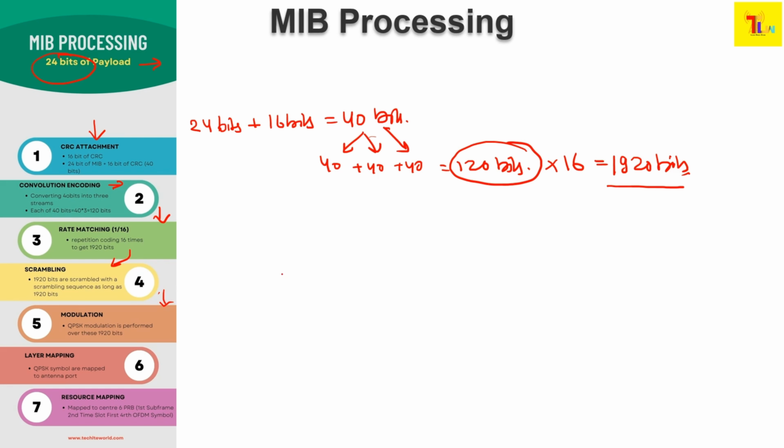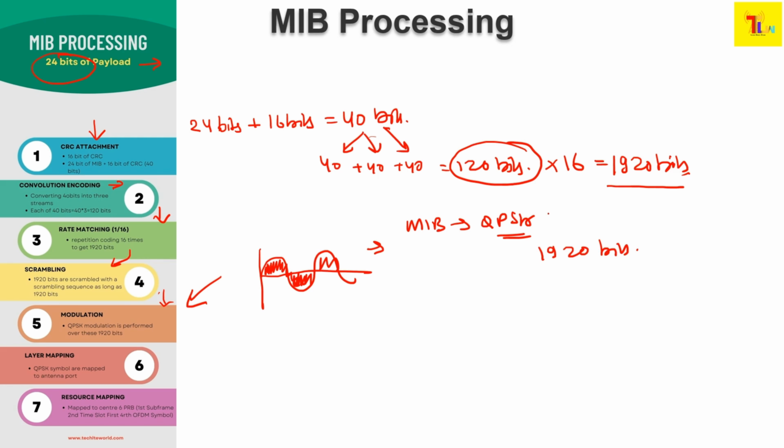So modulation, everyone knows: suppose you have a carrier and an original signal, you modulate the signal over a carrier so that it can be transferred. I have already mentioned that MIB is going to use QPSK modulation, so here QPSK will be applied over 1920 bits.